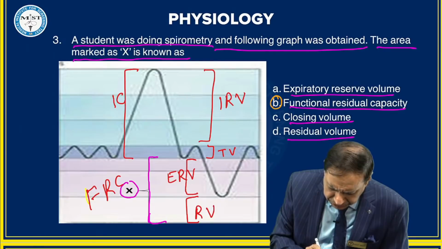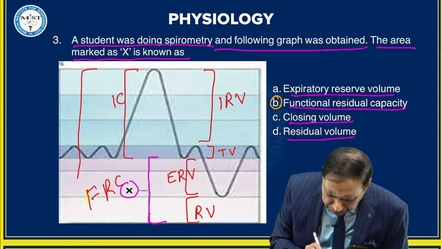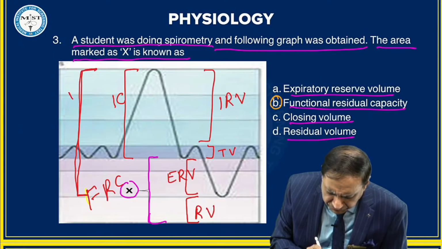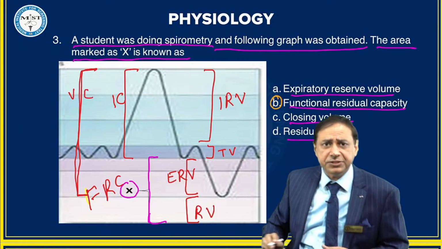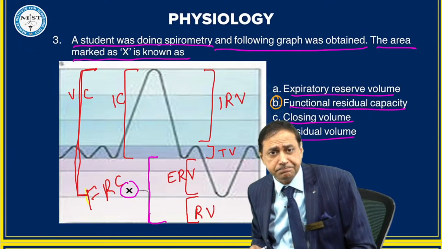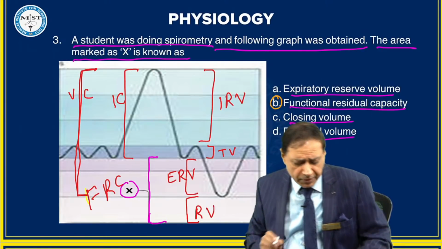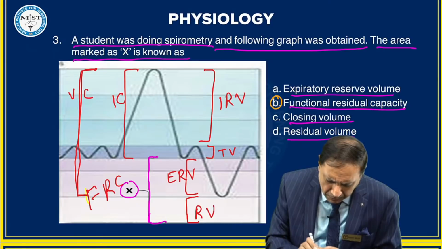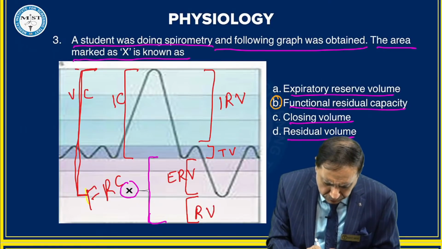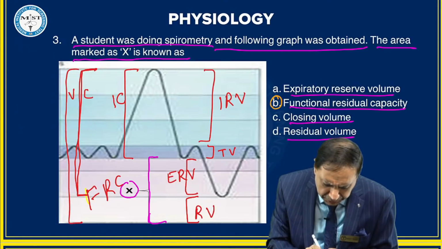And this plus this plus this, what is this? This is vital capacity. And all four combined is total lung capacity.